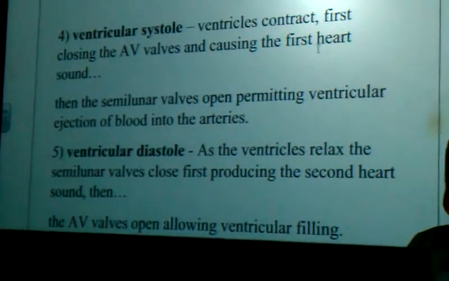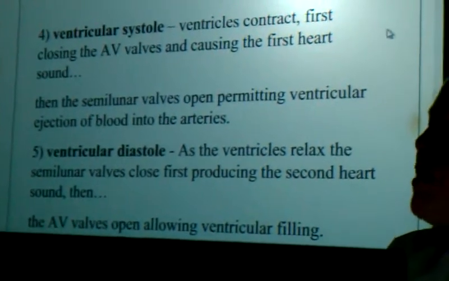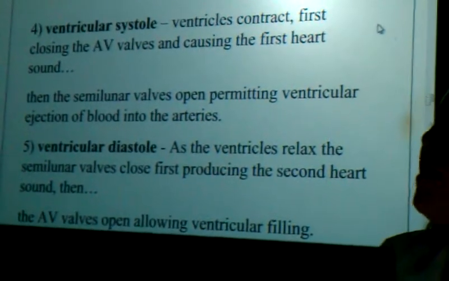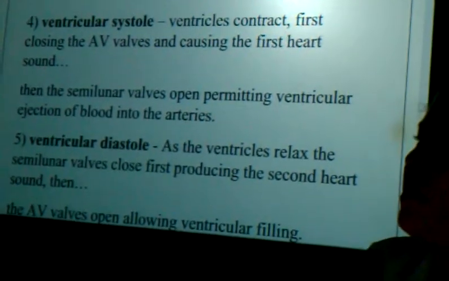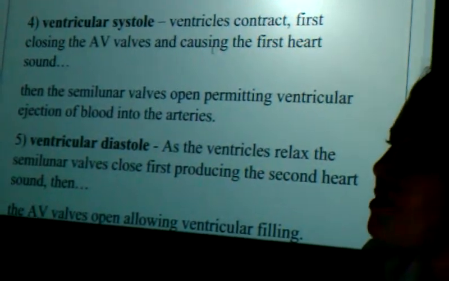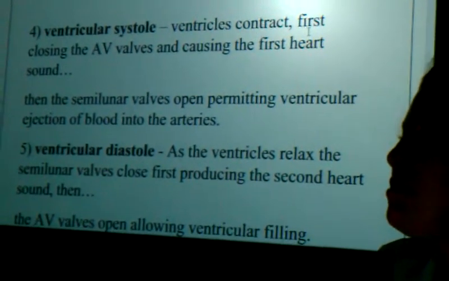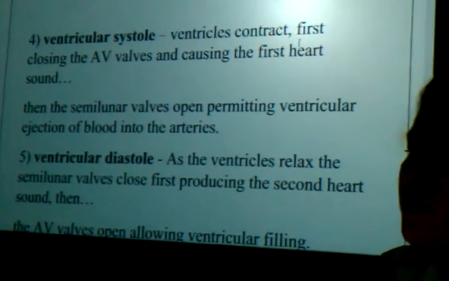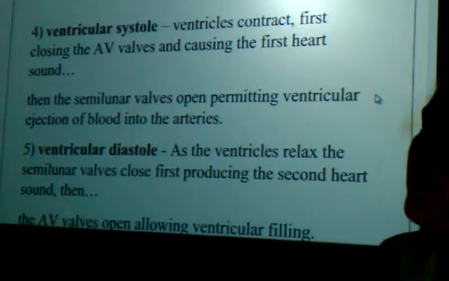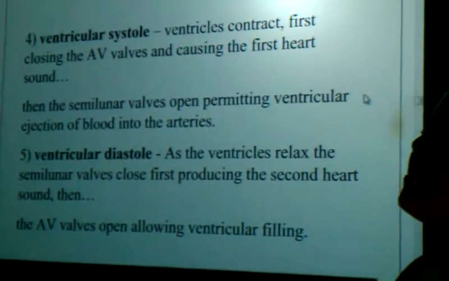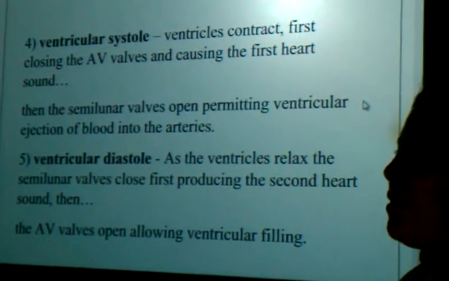So during ventricular systole, when the ventricles contract, that's when the AV valve shuts and you have your first heart sound. When the ventricles contract, it also forces the blood into the great vessels, into the pulmonary trunk and aorta, and into circulation. When the blood is forced into those great vessels, it causes the semilunar valves to open.